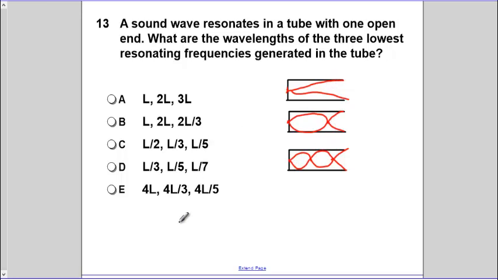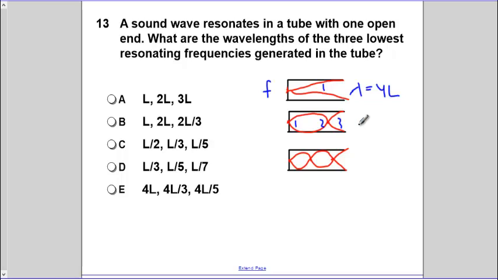So now, how many quarters of a wave are present in the first tube? The answer is 1. So lambda will be equal to 4 times the length. How many quarters are present here? 1, 2, 3.